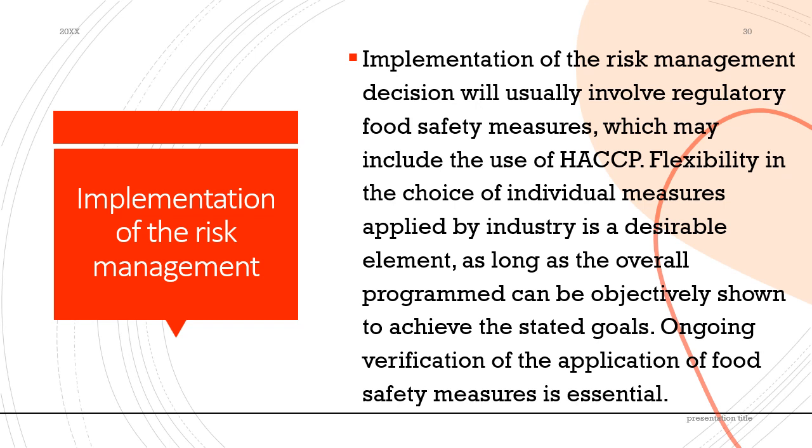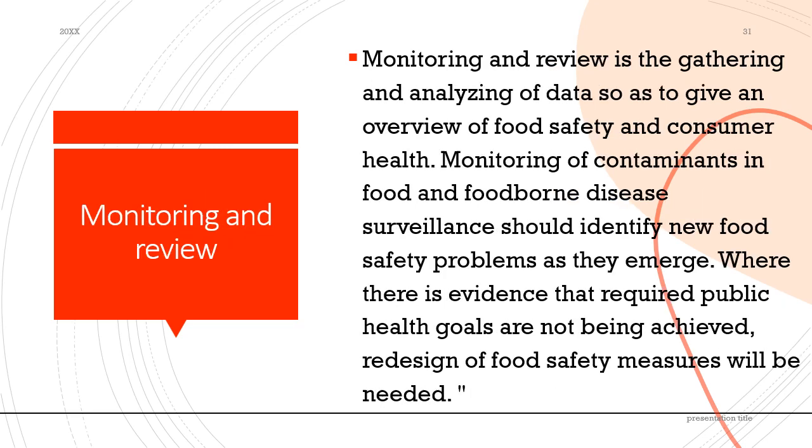Individual measures applied by the industry are a desirable element as long as the overall program can be objectively chosen to achieve the stated goal. Ongoing verification of the application of food safety measures is essential.